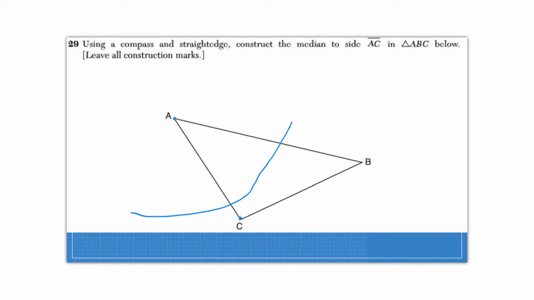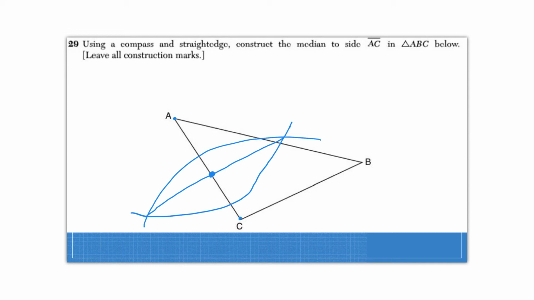You would take your compass, make an arc that is more than halfway to C, and then using the same exact compass length, make another arc that is flipped around, now centered at C, and then those 2 intersection points would be connected with your straight edge, and that identifies the midpoint of AC.